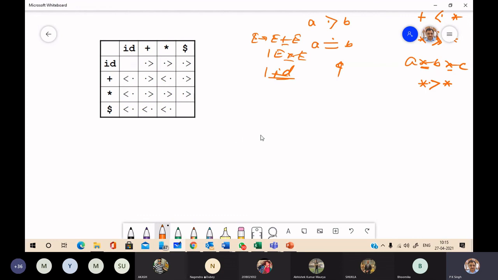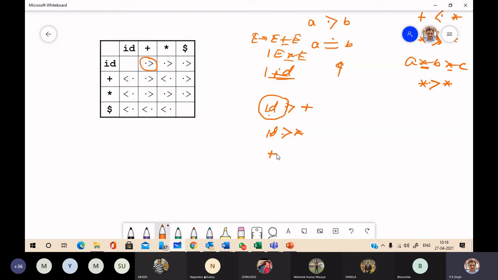Now the precedence relation. If we have ID, just see what it means. If we have ID and plus, then first we have to operate this ID. We will consider only terminal symbols. Here you can see ID, asterisk, again we have to go for ID and so on.